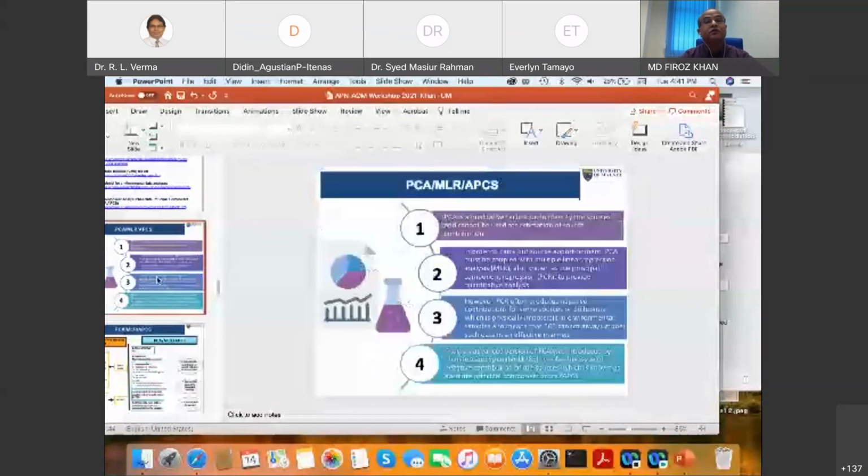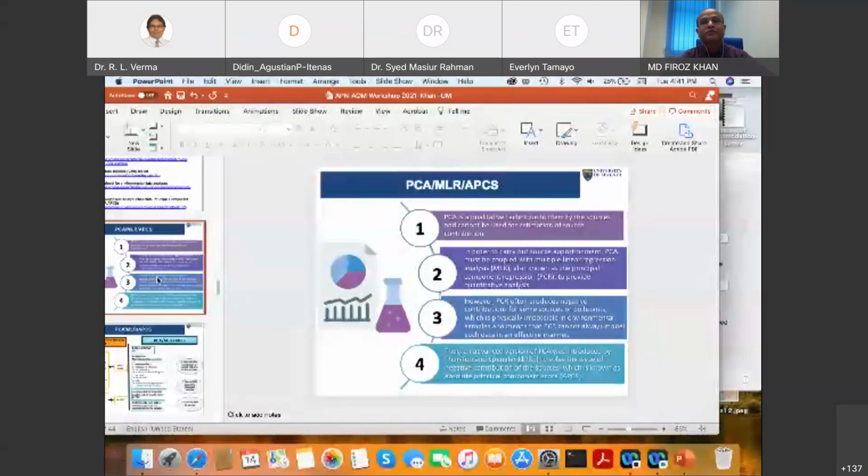And let's start with PCA, APCS. How about PCA? What do we know about PCA? PCA is principal component analysis, right? It helps us to make our big set of data into a small set of data.